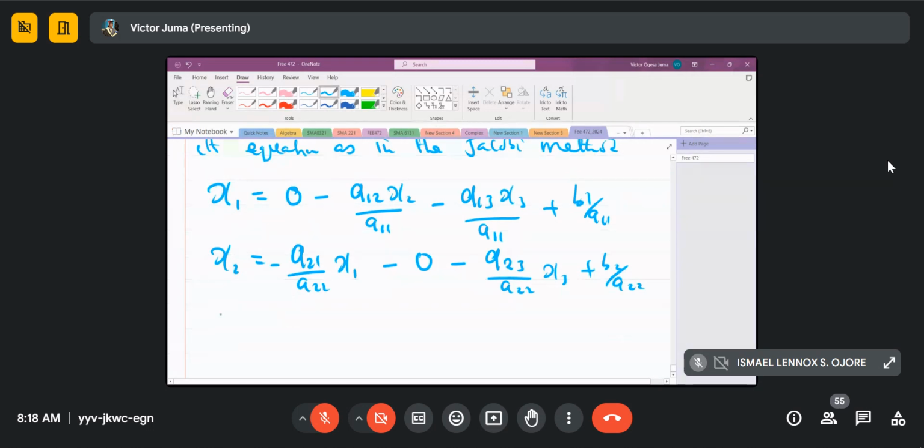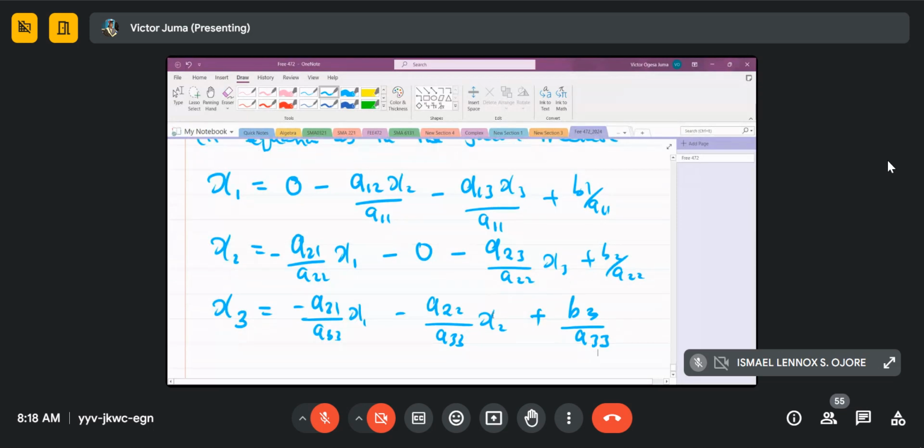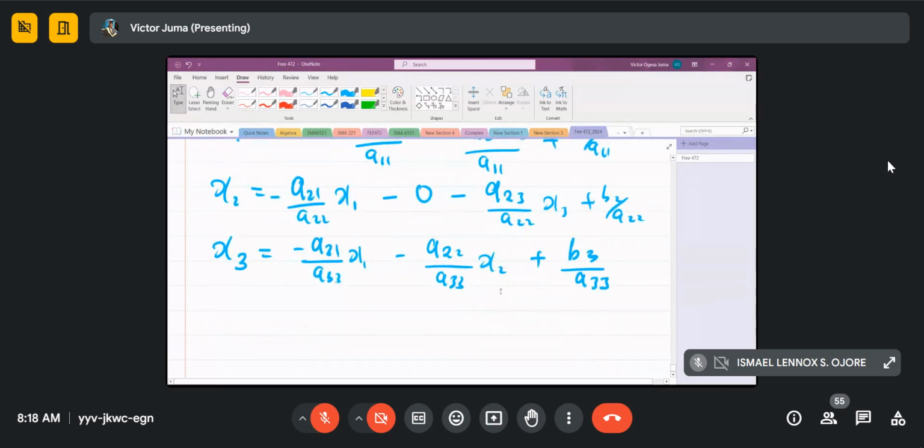And then x3 is negative a31 over a33 x1 minus a32 over a33 x2, and then plus b3 over a33. So this is just basically what we did with the Jacobi.